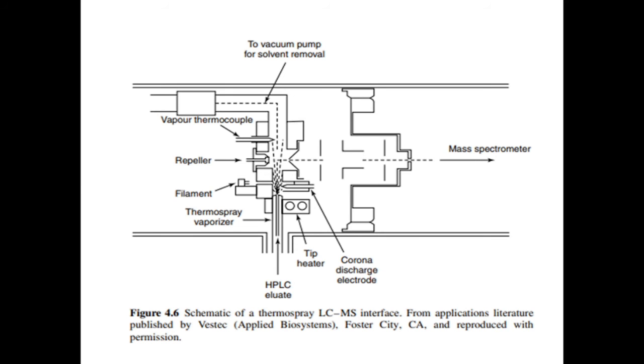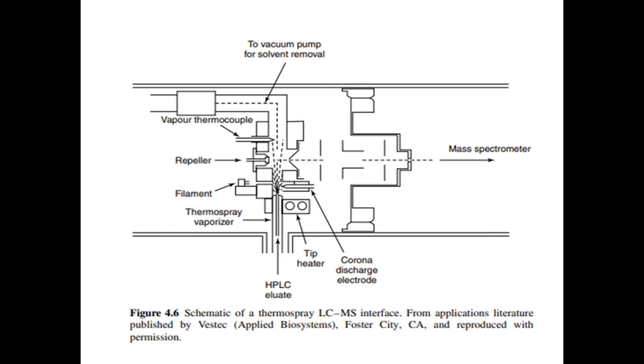The sampling cone is orthogonal to the direction of vapor and ion flow, and ions are therefore extracted into the high vacuum part of the mass spectrometer. The extraction efficiency, particularly at high mass, can be improved by incorporating an electrode in the region of the sampling cone.